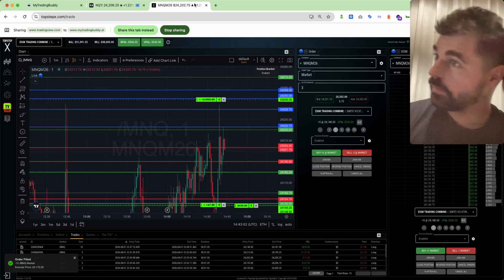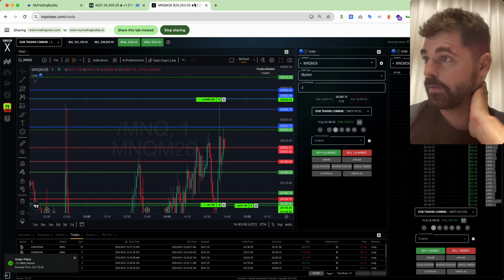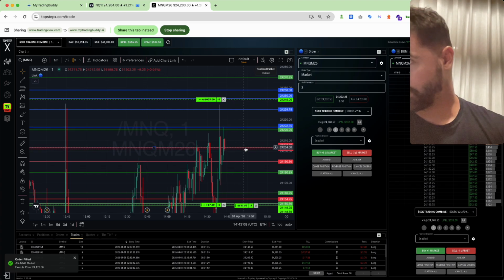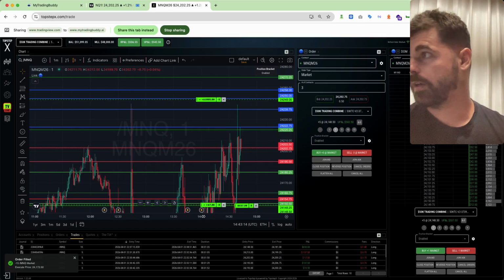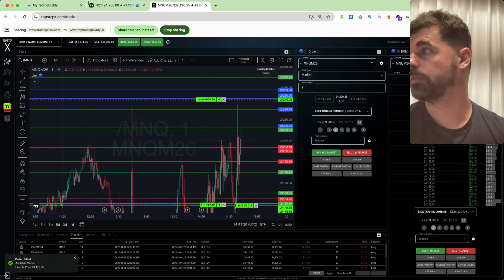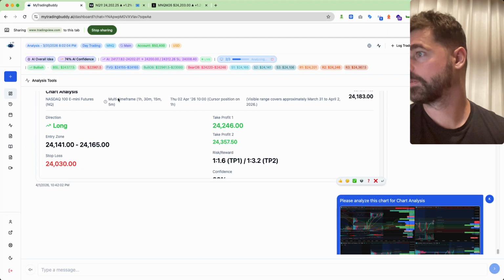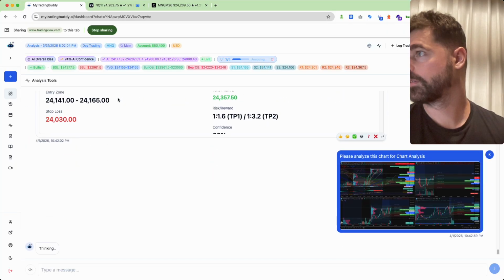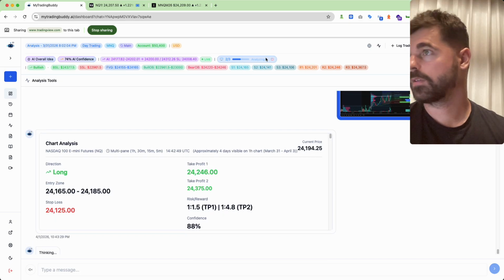So it still hasn't closed above it, but this 200 level is pretty important. And probably in the next 5 minutes it should close. $240. Yeah.